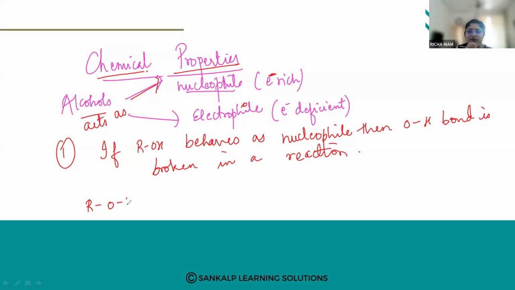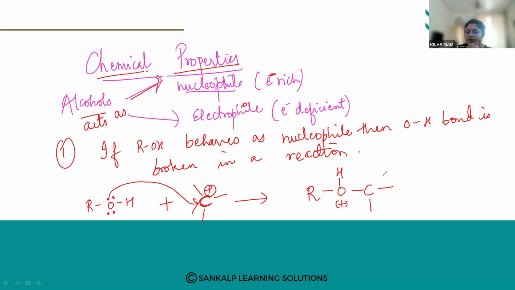This is our alcohol, and it is going to react with an electron deficient species, because the alcohol is acting as electron rich. An electron rich species will attack an electron deficient species. So we have taken a carbocation, and the attack will take place like this: R, O, H, C.